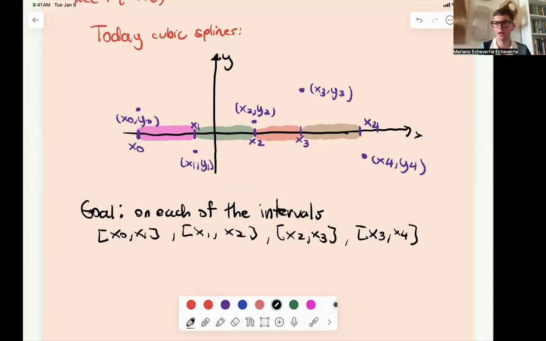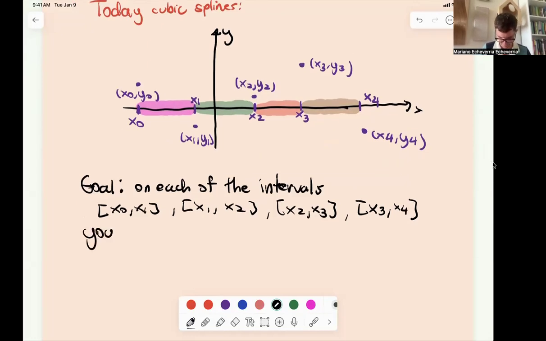In each interval you try to find a polynomial of degree 3, so a cubic. Okay, you will try to find.